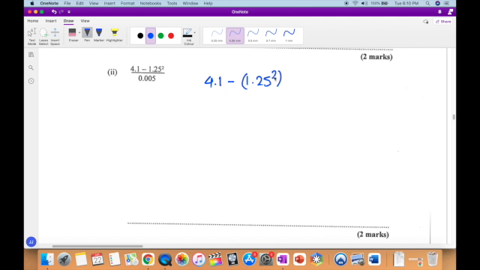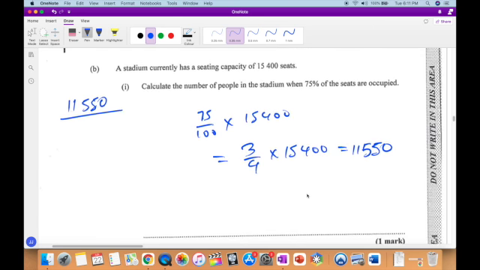I would press enter here to give me 2.5375, and then I would press divided by 0.005, and we get 507.5. Nice? Yeah. Right.